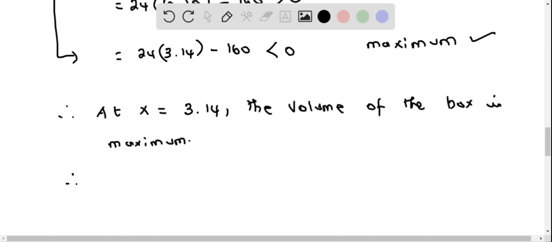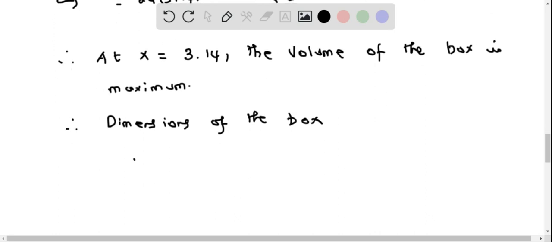Therefore, we can find the dimensions. We write the dimensions of the box, which is 16 minus 2x, and so this gives 16 minus 2 times 3.14, which equals 9.72 inches.